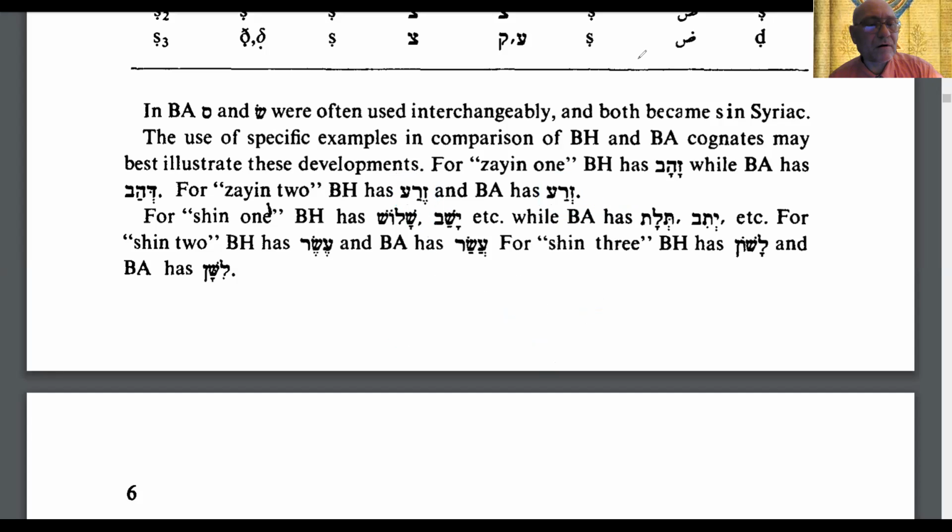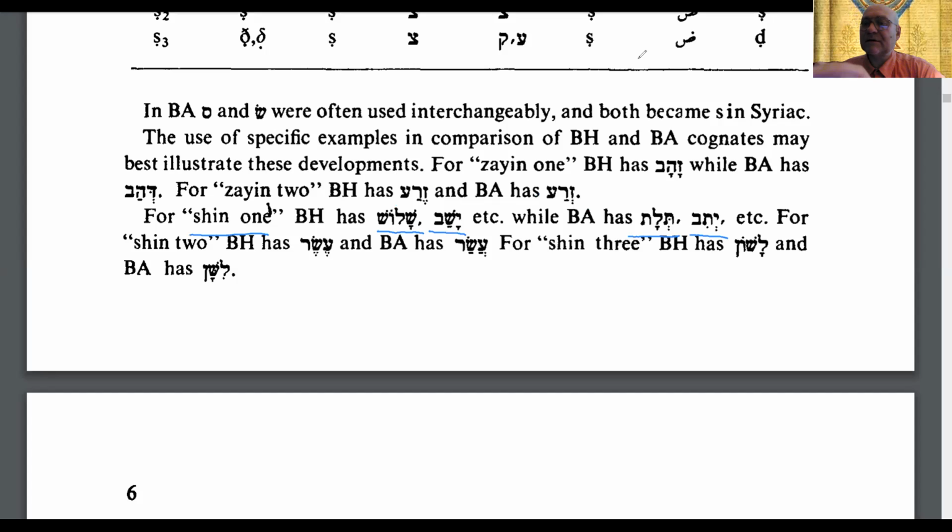So then for Sheen 1, Biblical Hebrew has shalom or yashav, etc., while Biblical Aramaic has talat. Isn't that something? Or yativ, for example. So some of these letters are different.